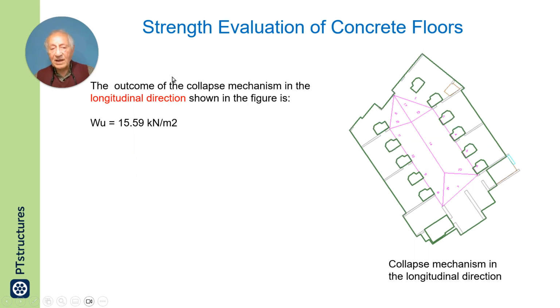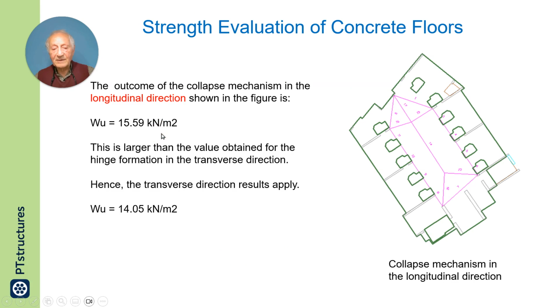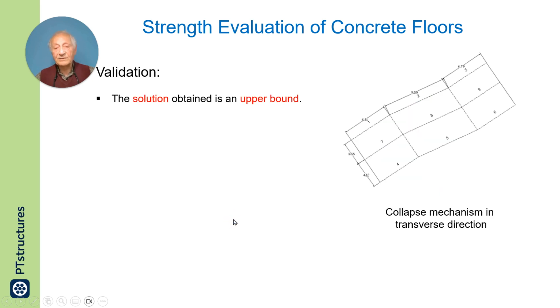And for this mechanism, we obtained this capacity. This is larger than the value obtained for the hinge line of the other direction, so we assume that this 14.05 kilonewton per meter squared is the value to be considered for this floor.